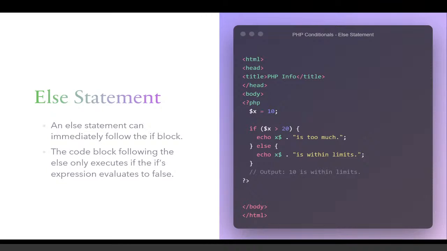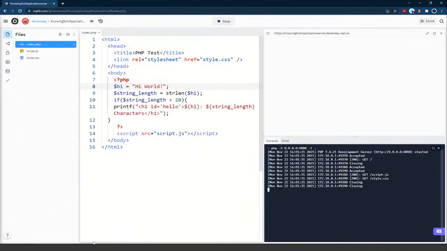So let's just go ahead and add that into our code here. An else statement. So let's swap back over to this. So now we have our if statement. We'll also put our else statement in here, which is just the word else.